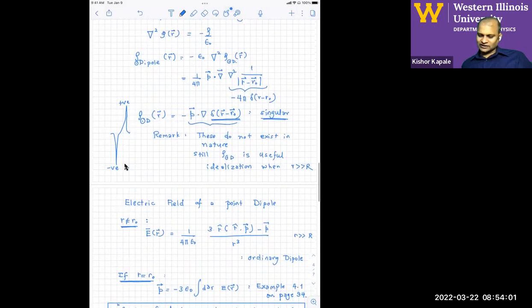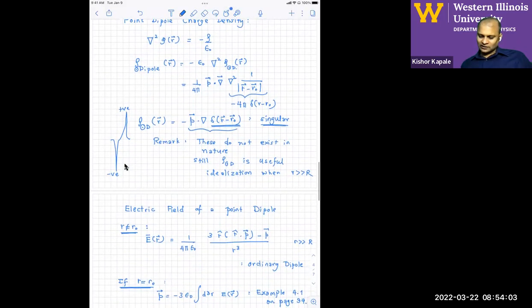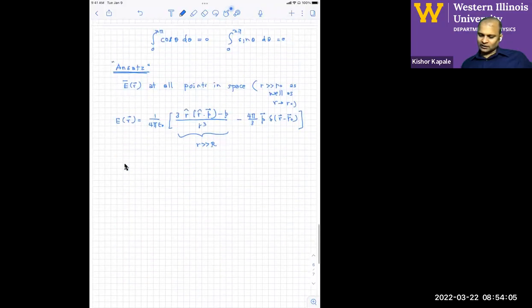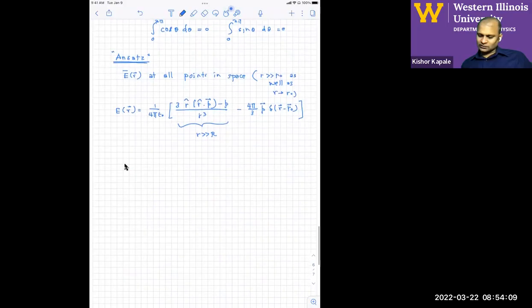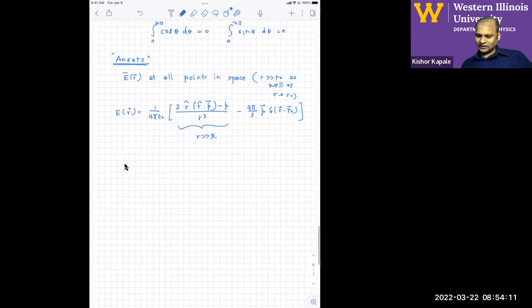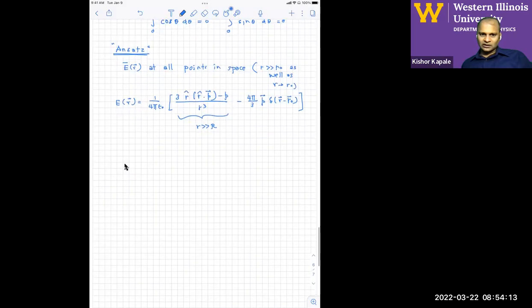If that's the charge density, you know the electric field gradient is going to be proportional to, let's see, from the divergence theorem, you can get this, and then you convert it into the integral theorem, Gauss's law. And that's how you get this 4 pi thirds and the delta function.